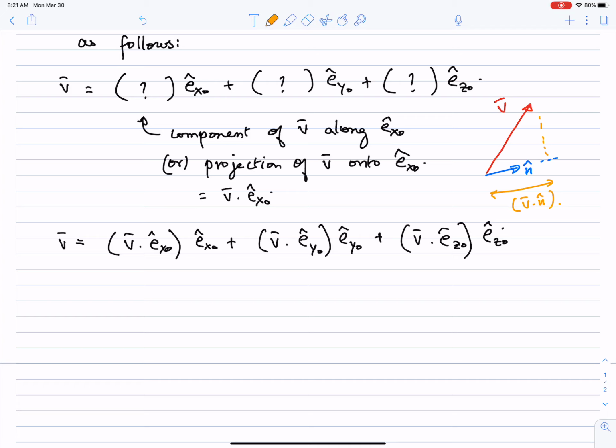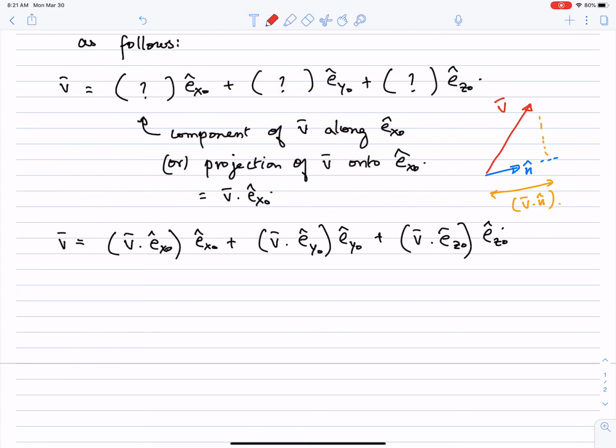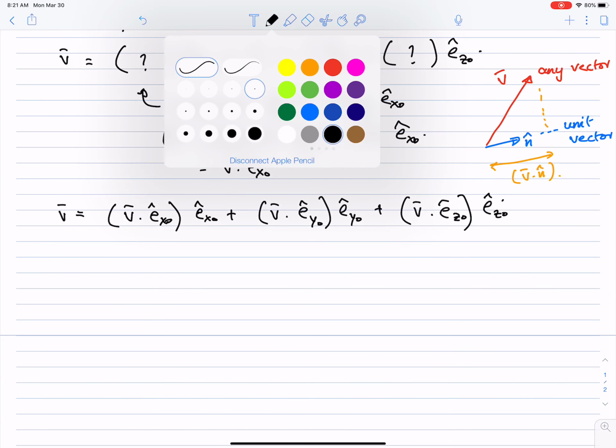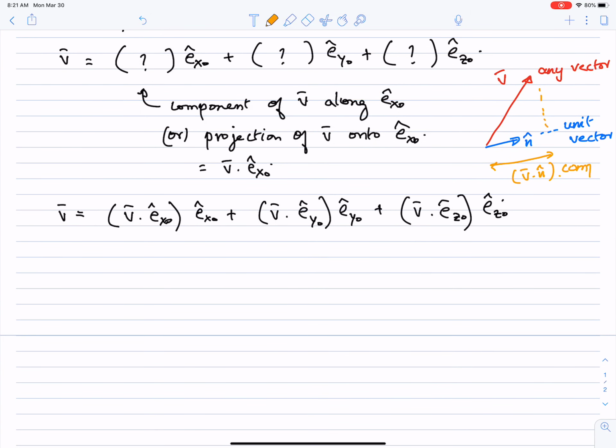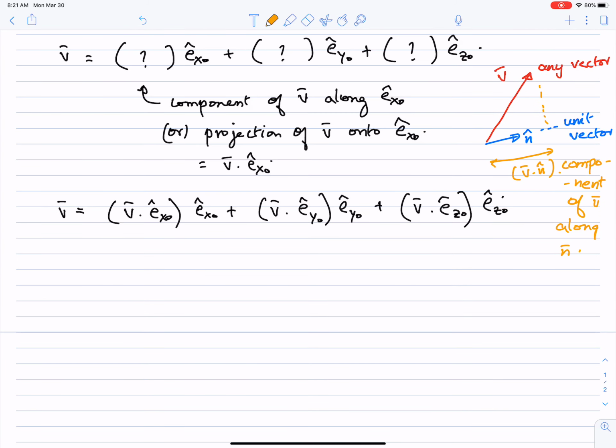Okay, it's the component of v along the unit vector n, where v is any vector and n is a unit vector.